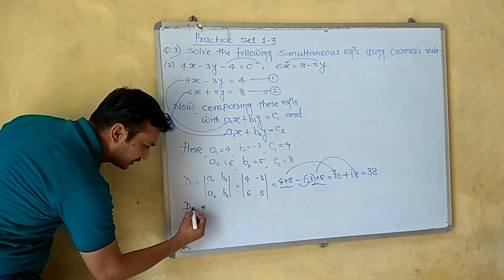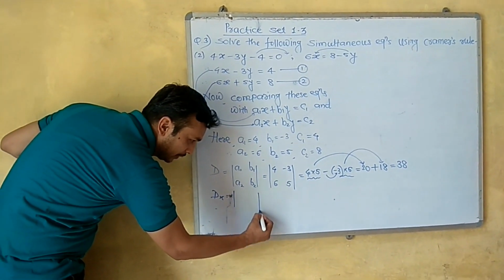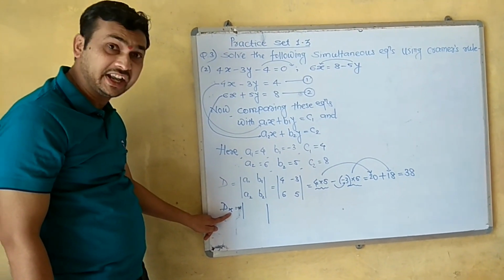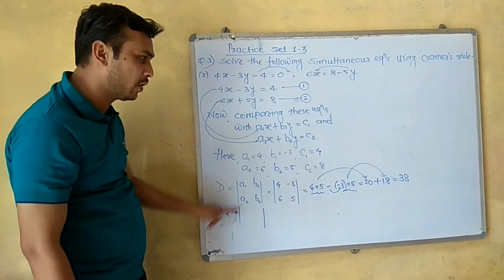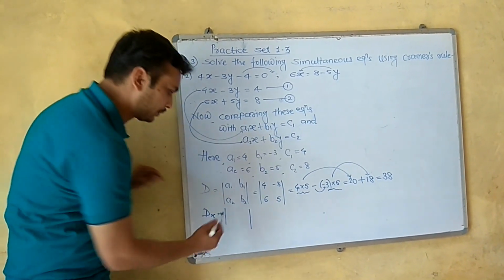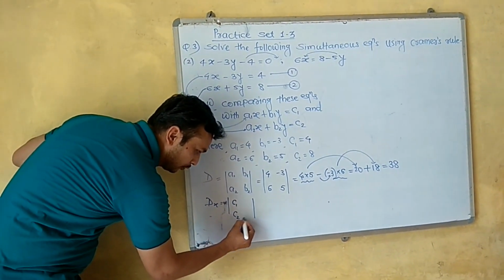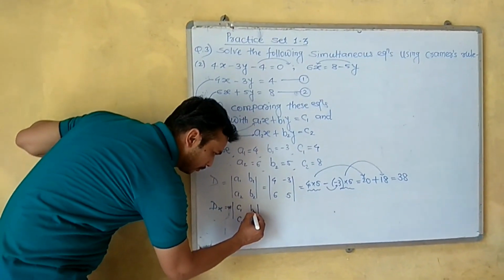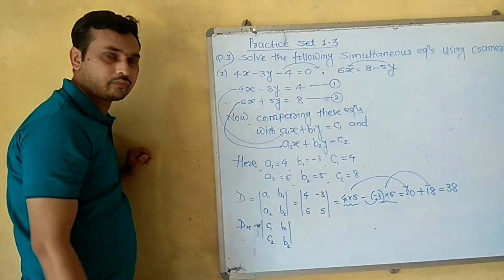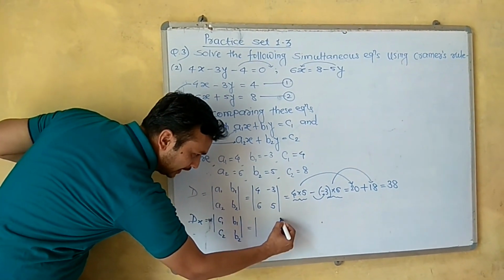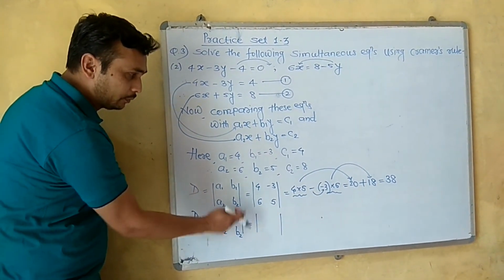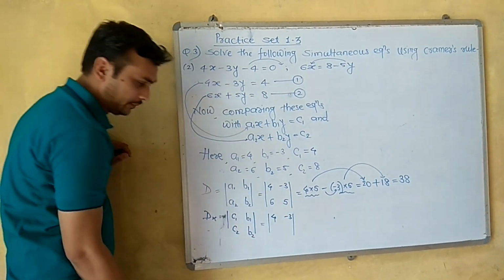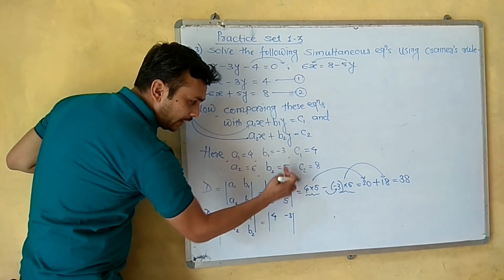Now Dx equals the determinant where, for the coefficient of x, we skip it and consider the constants c1, c2, and the second column, the coefficients of variable y, b1, b2, stays as it is. Putting the values: 4, minus 3, 8, 5.